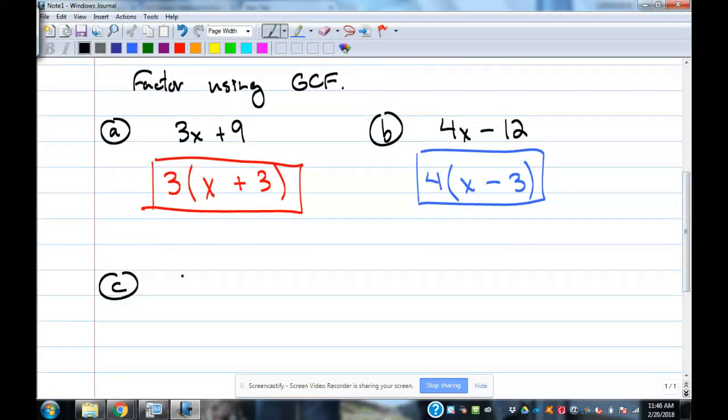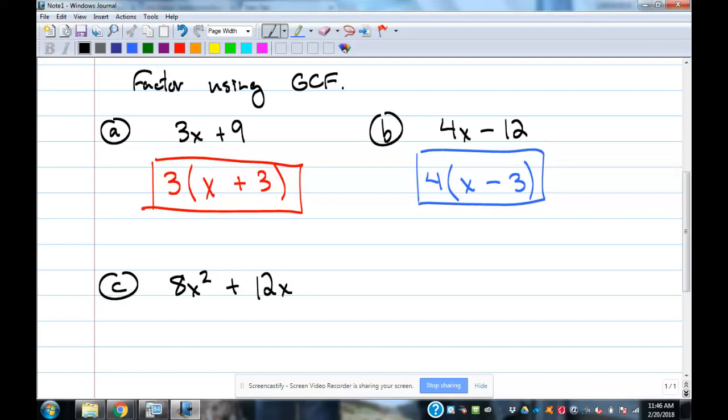Let's say we had 8x squared plus 12x. Similar problem. A little different on this one. Not much different. Is that in the right order?